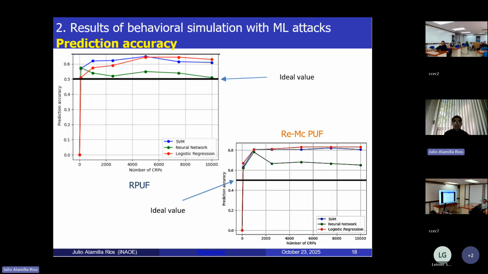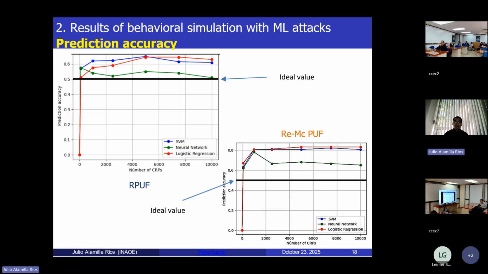These graphs show the prediction accuracies obtained by the three attack types as a function of the number of CRPs used for training. The ideal prediction accuracy is 50%, as it represents the point where the model cannot predict the responses better than random guessing. If the accuracy is above this value, it indicates that the PUF is easily modelable.